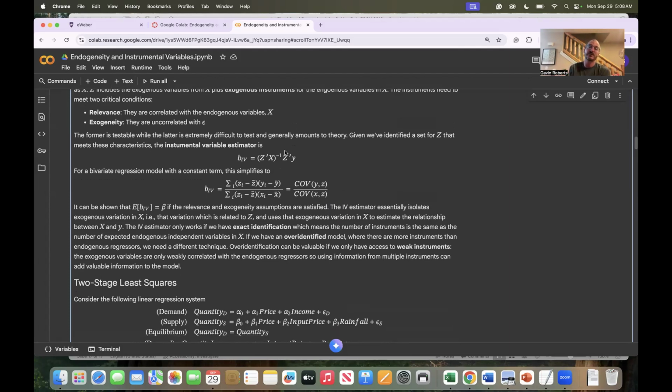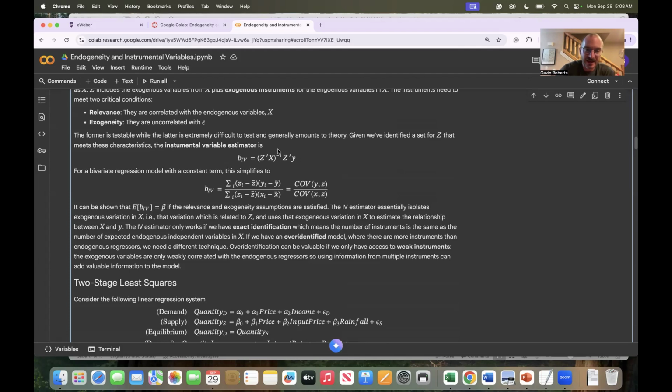So Z is moving in the same direction as X still, but we've left out the part that's correlated with epsilon by mapping Z onto X, because we know Z is uncorrelated with epsilon, and only the variation in Z is feeding our variation in X. And therefore, we've netted out the correlation between the error term and X.